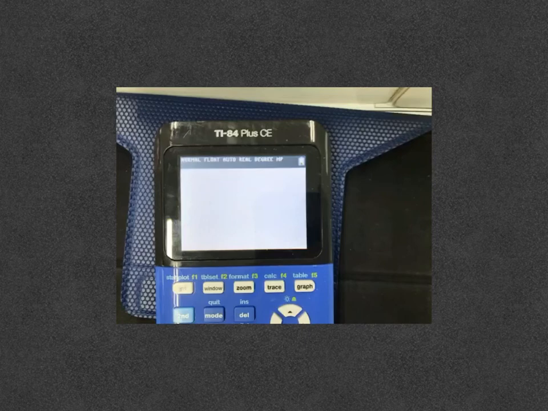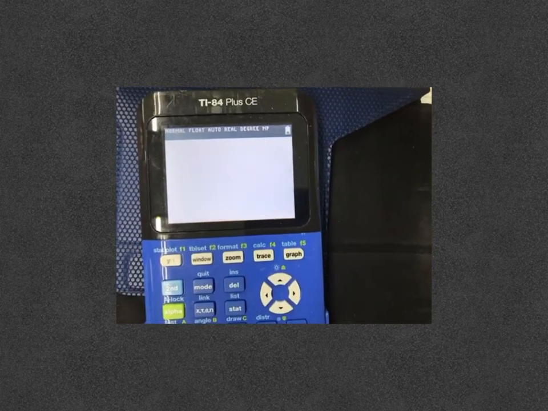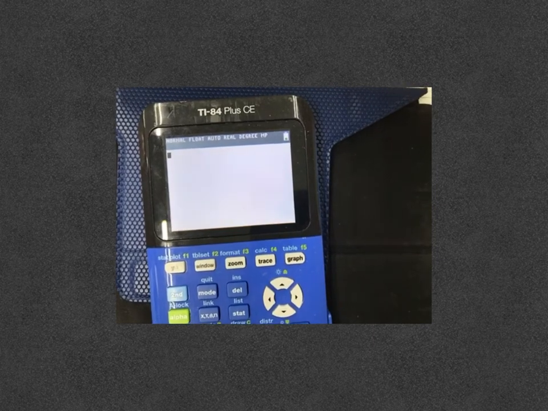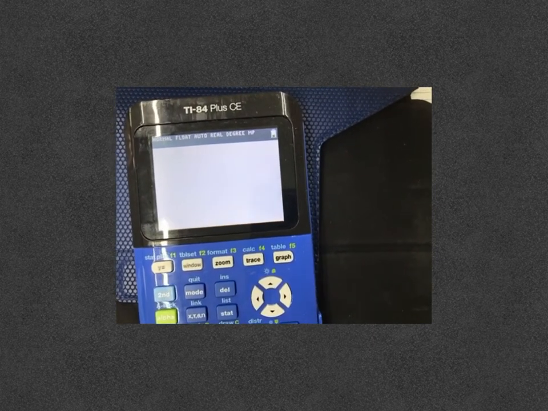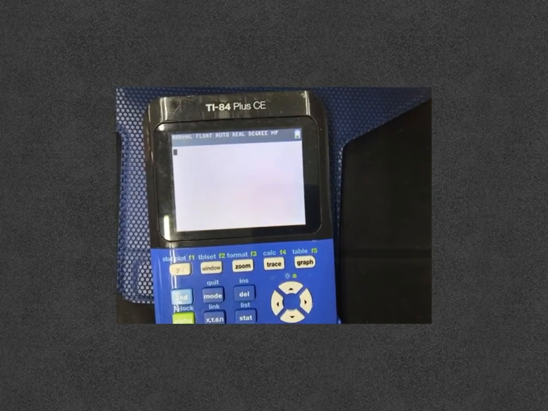Okay, so one of the questions from last night's homework said to graph something and then figure out what's the best window on it, right?